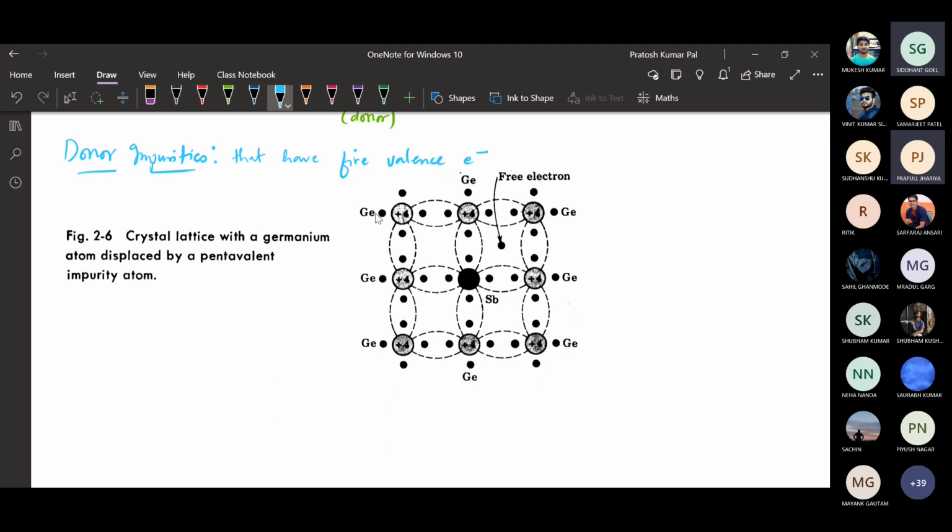Here different germanium atoms are attached in a crystal. So one atom of germanium will be replaced by the impurity atom, that is the donor atom. So this impurity is Sb, that is antimony.